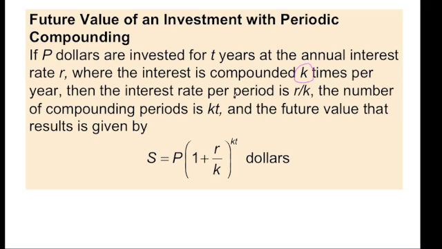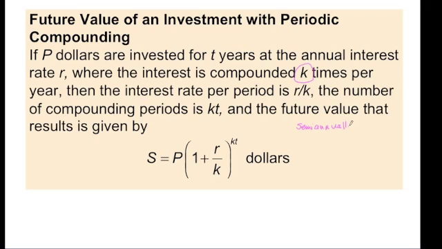The investment rate per period is R divided by K, the number of compounding periods is K times T, and the future value results in S equals P times the quantity 1 plus R over K raised to the KT power.